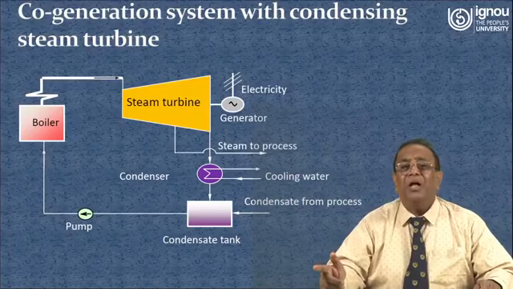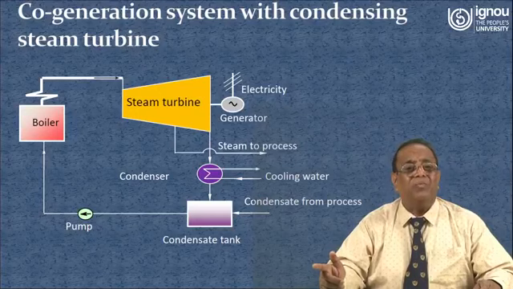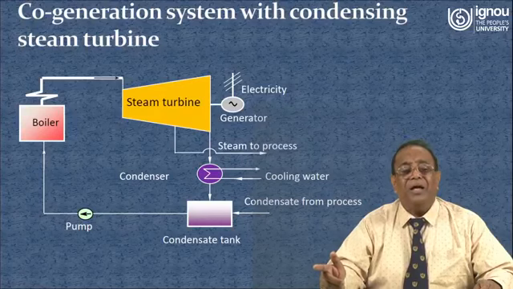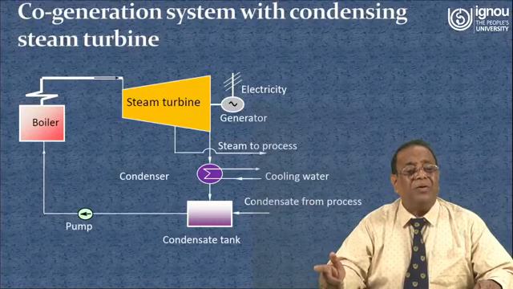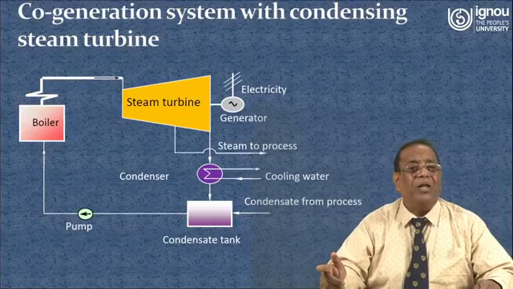In general, the steam coming out from the steam turbine enters into the condenser and is condensed into liquid water, and there is a pump which transfers the water coming out from the condenser to the boiler, thereby completing the cycle.